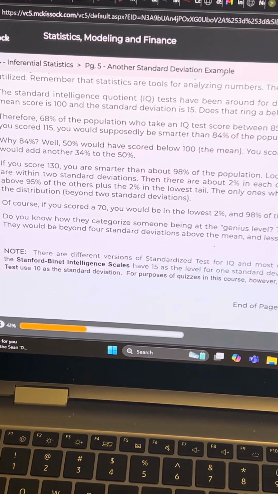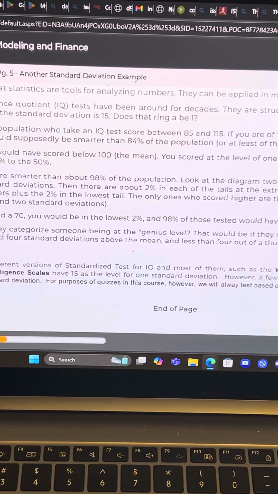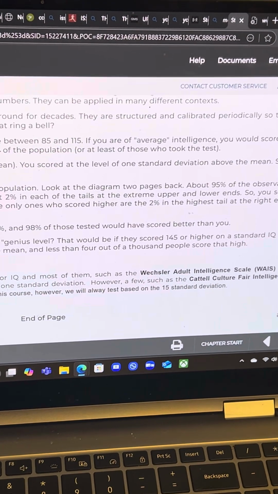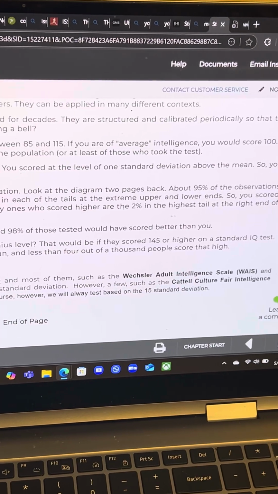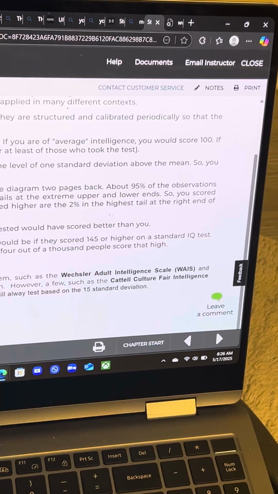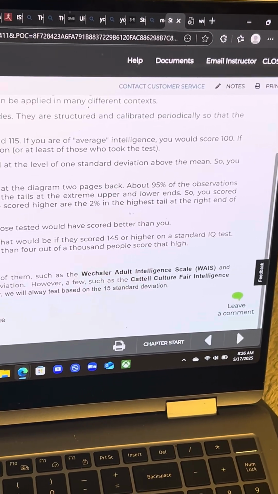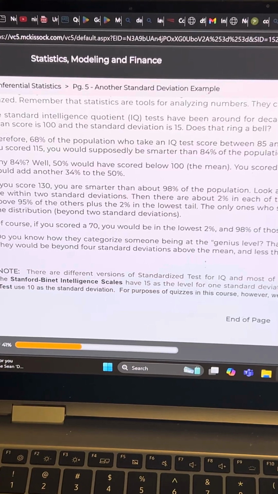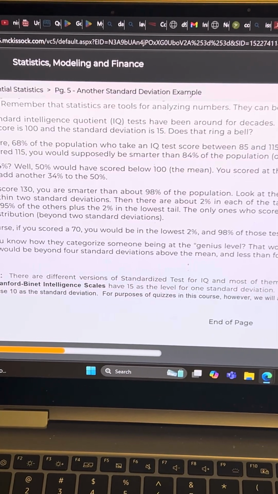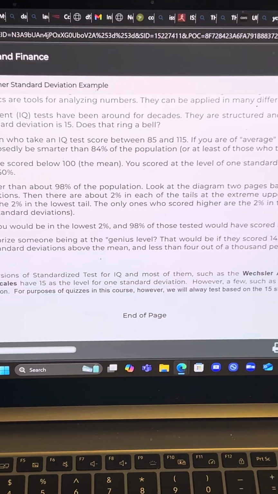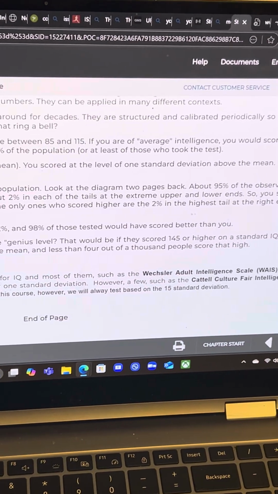Note, there are different versions of a standardized test for IQ, and most of them, such as the Wechsler Adult Intelligence Scale, the acronym is WAIS, and the Stanford-Binet Intelligence Scales, have 15 as the level for one standard deviation.